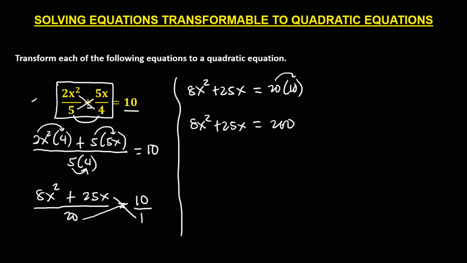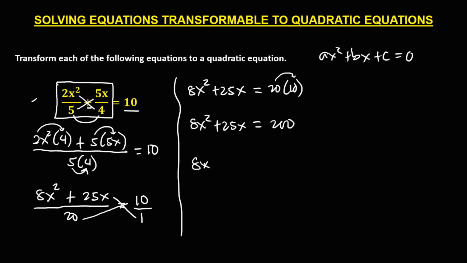This one is 200. Then to write this in the standard form of a quadratic equation, that's ax squared plus bx plus c equals 0.